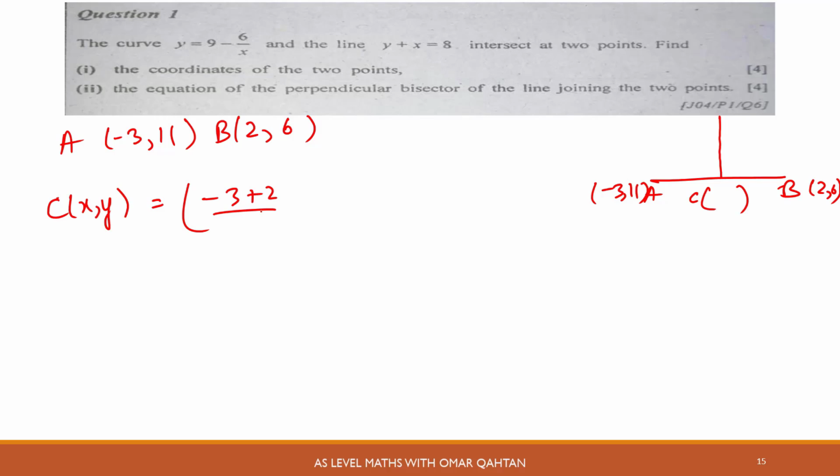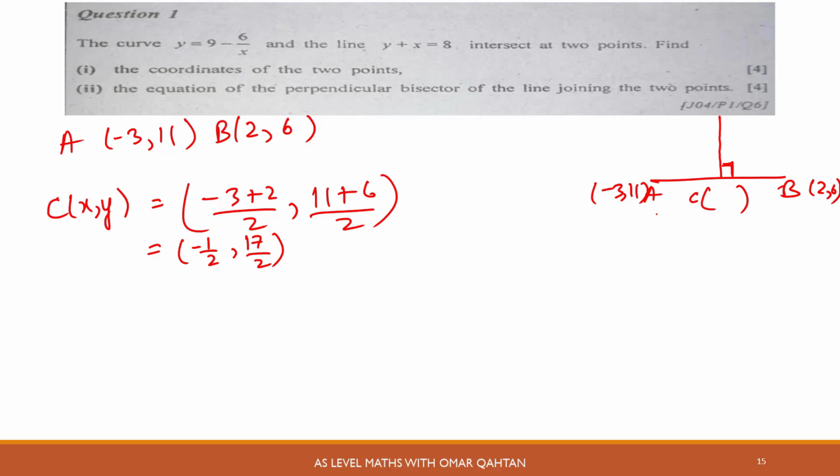So C x comma y will be minus 3 plus 2 upon 2 comma 11 plus 6 upon 2, and this will give you minus 1 upon 2 and 17 upon 2. So this is the midpoint that we have already found. Now we need to find the gradient of this line. And how are we going to do it? We know just one thing, that this perpendicular bisector is perpendicular to this one.